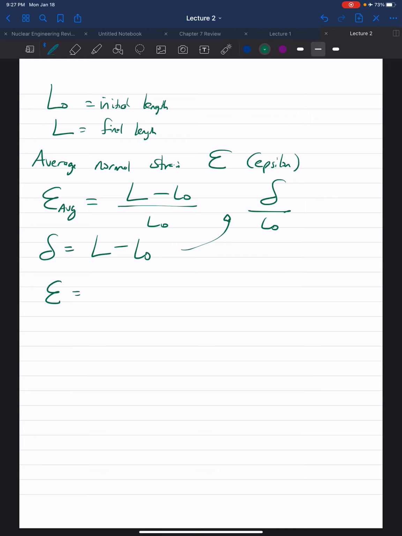So epsilon is a change in length per unit length. So it is a unitless quantity.